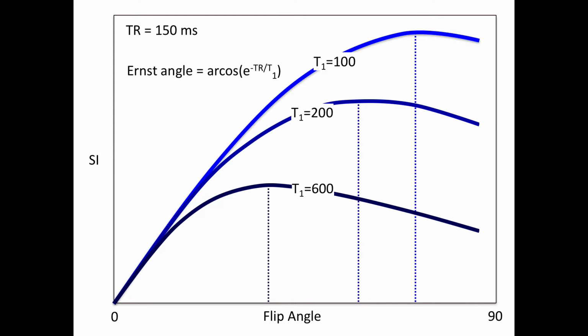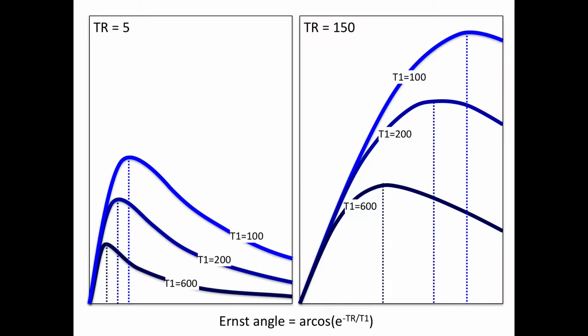And now just to show you the difference in scale, on the left is TR 5, on the right TR 150. So let's draw some conclusions. With short TR, again, each tissue will have its own optimal flip angle. The optimal flip angle increases as the T1 decreases, and in addition, the peak enhancement increases as the T1 decreases.